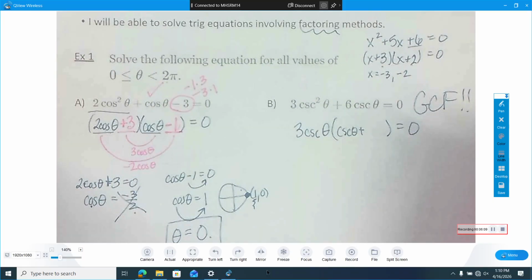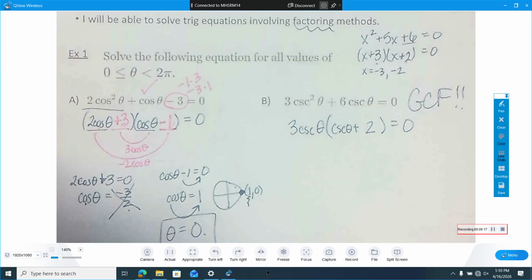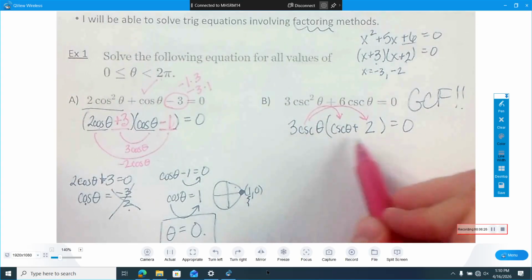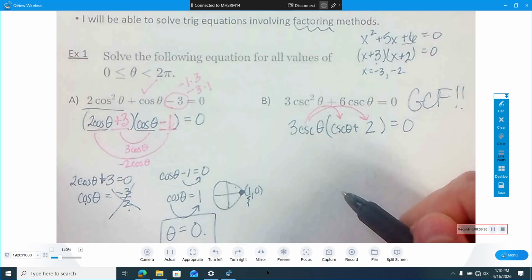Cosecant theta plus 2. How do we know we did that right? Distribute it back. 3 cosecant times 2 would give us 6 cosecant theta.